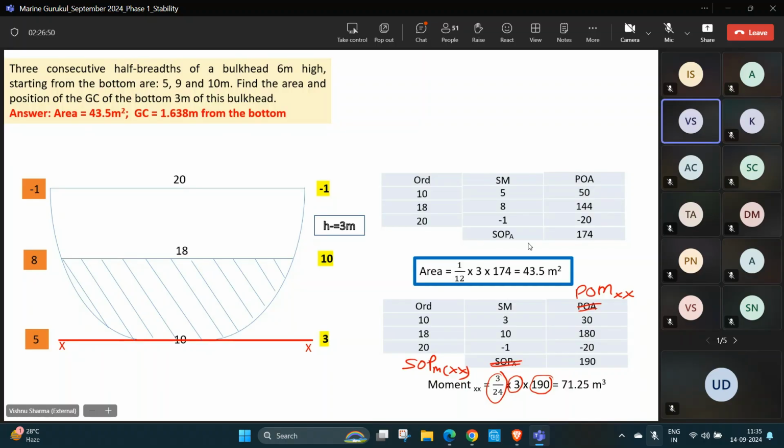And since the moment is about XX, the distance of GC will also come from XX. dXX will be 71.25 cubic meter divided by 43.5 square meters, and you will get 1.638 meters as the answer. Is the calculation part clear, beta, now?